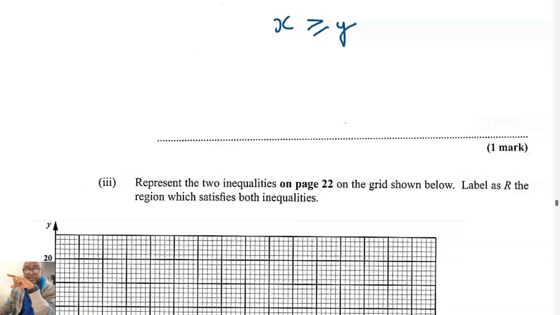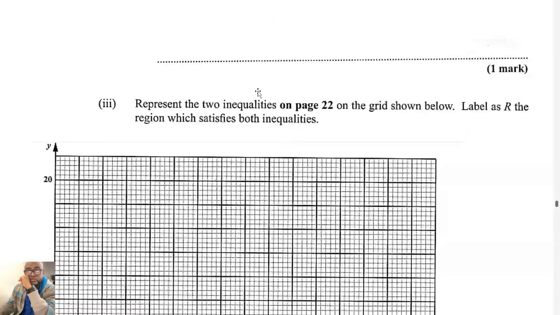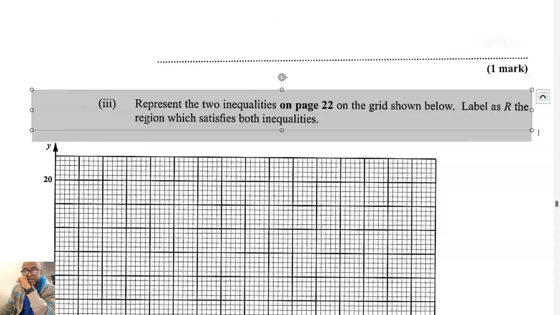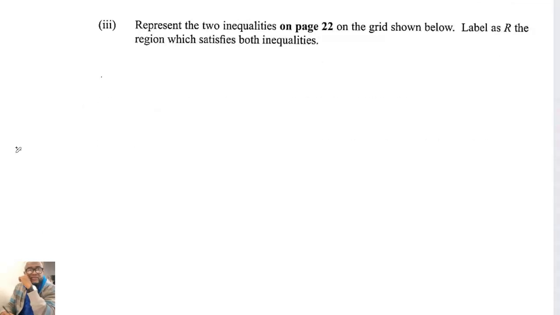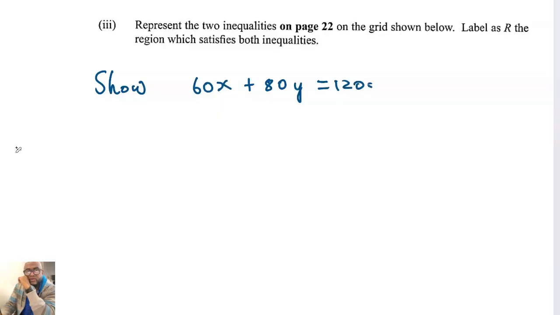I have to show 60x plus 80y equals 1,200, and also x is equal to y, on the graph below. Could I reduce this?